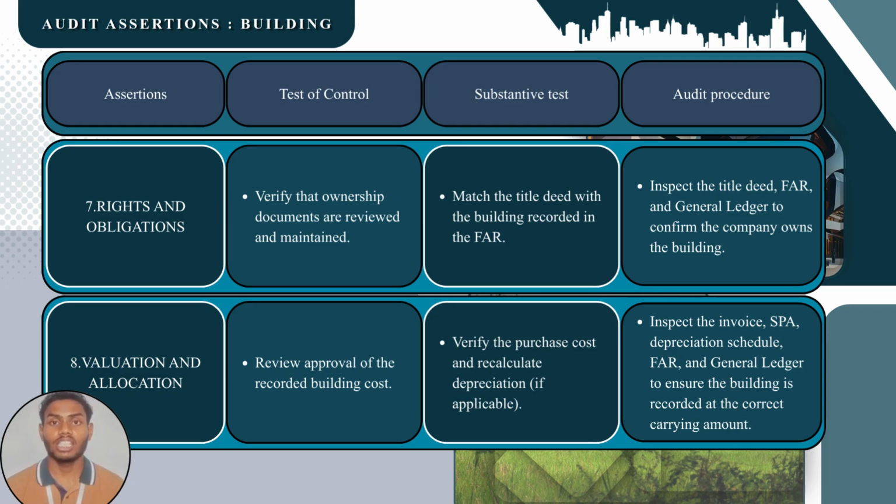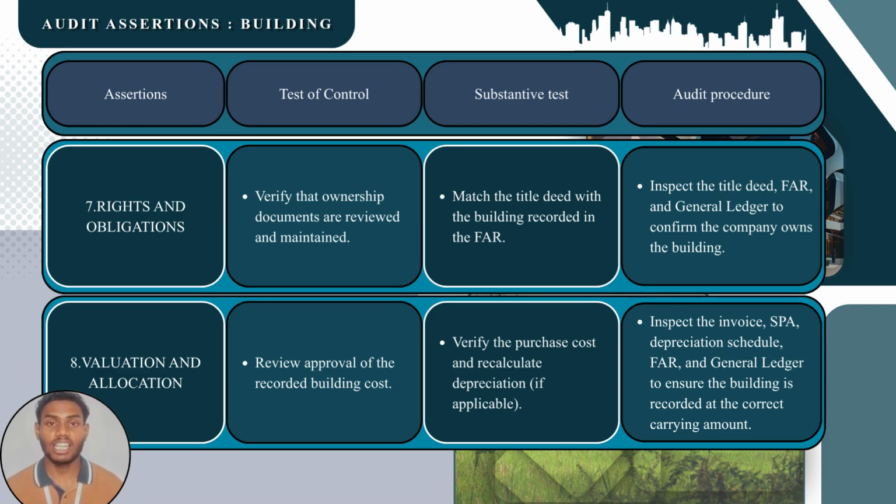And for the substantive test, the auditor will match the title deed with the building recorded in the fixed asset register, to check whether the building is acquired under the company's name. And for the audit procedure, the auditor will inspect the title deed, fixed asset register, and general ledger to confirm the company owns the building.